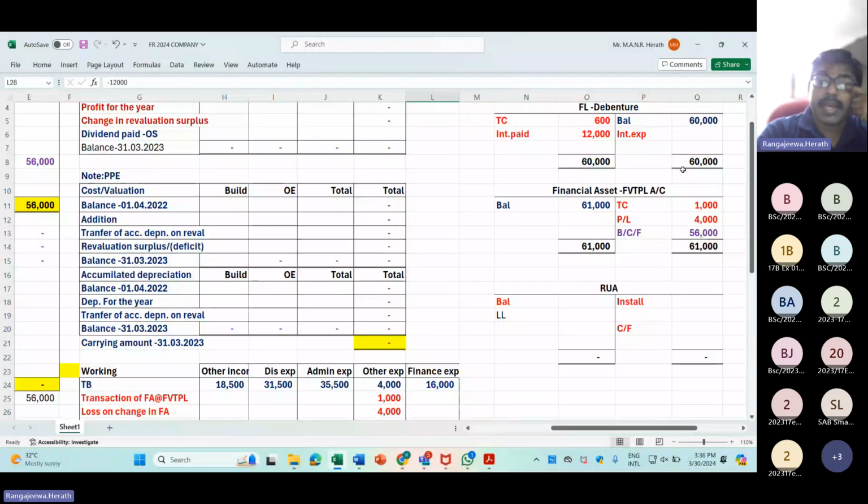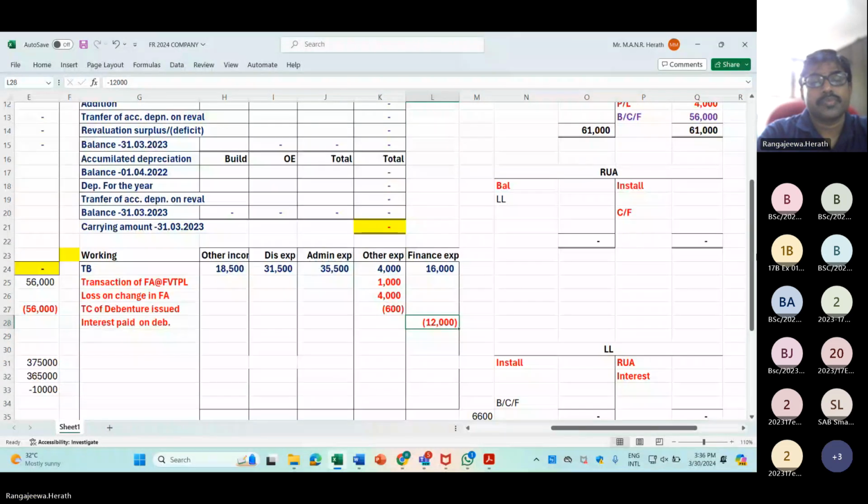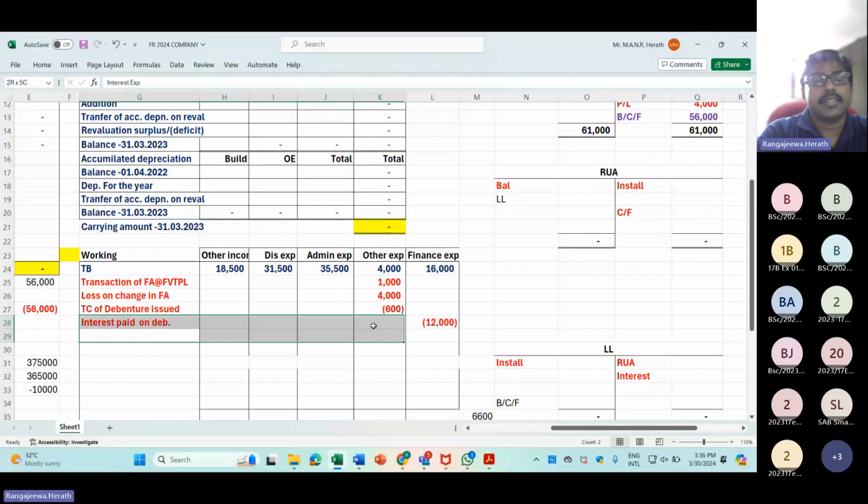Then we have to calculate the correct interest expense. Correct interest expense is 60,000 minus, 60,000 is the issue price, minus 600 transaction cost, from this 24%.